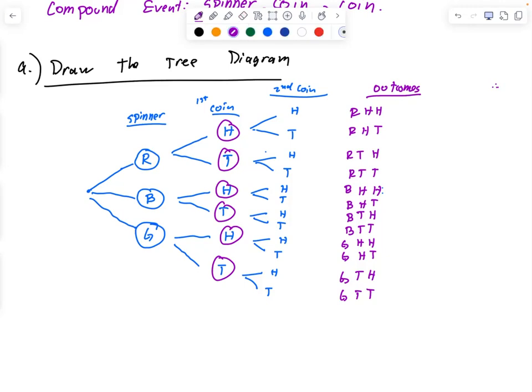Now we got to fill in the probabilities. So for the spinner, what were the 3 probabilities? 60%, 30% and 10%. If you would like to add a 0 and do 0.6 or 0.60, perfectly fine. I want to make sure that you all understand where I got these 3 numbers from.